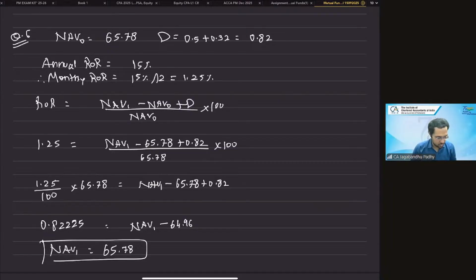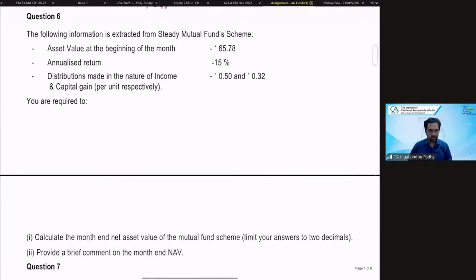There's no change in the NAV. Okay, that's question 6. Very easy.